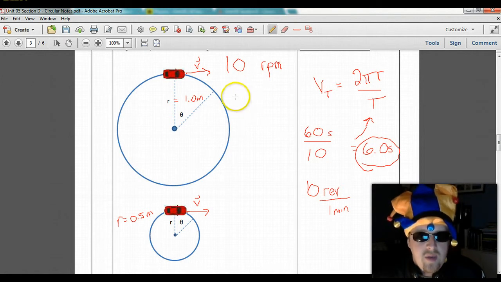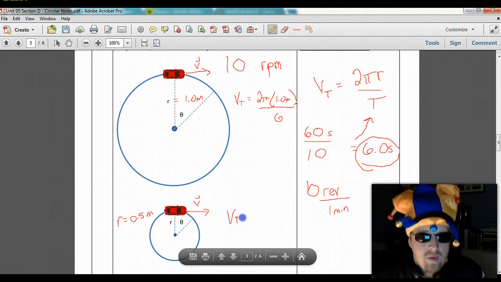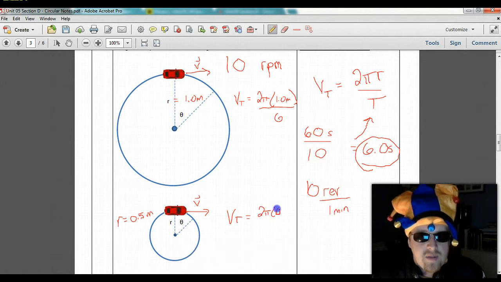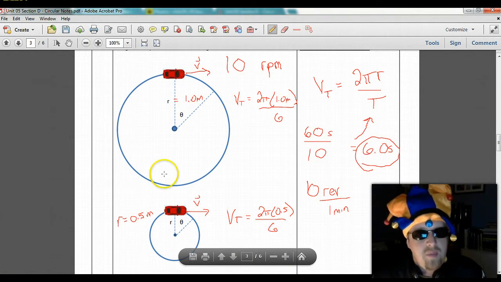Up here, this tangential velocity is going to be 2 pi times 1.0 meters, divided by 6 seconds. And down here, we're going to use the same equation, except this time 2 pi times half a meter, but also over 6 seconds, because they both have the same RPMs.